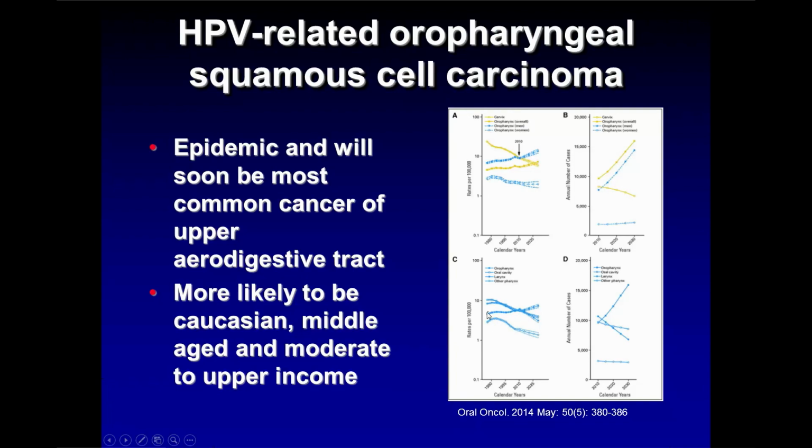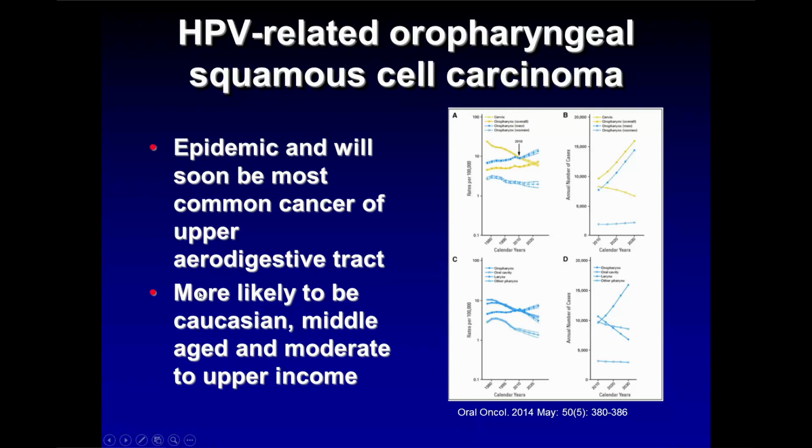On the other hand, we're seeing an increase in oropharyngeal cancer. This is also projected out 20 years. Again, you'll see the sharp rise in oropharyngeal cancer in relation to other malignancies of the upper digestive tract that tend to be more smoking and alcohol related.